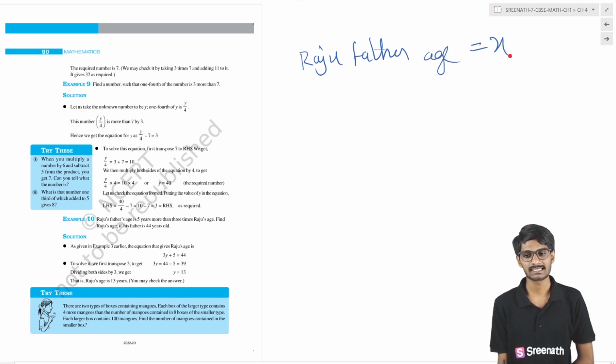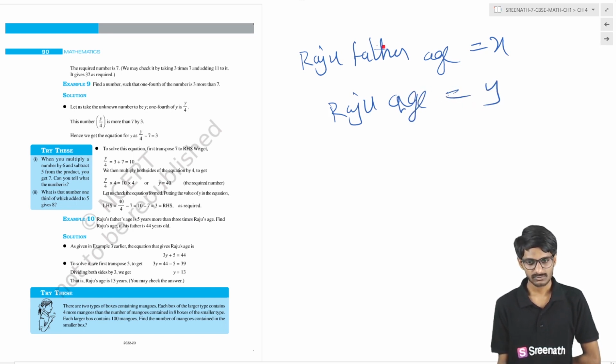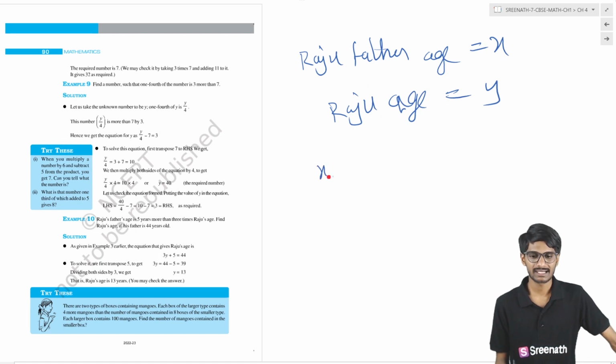We don't know Raju's father's age, so let's say it is x. It is 5 years more than 3 times Raju's age. Suppose Raju's age is y. What is the relation between these two ages?